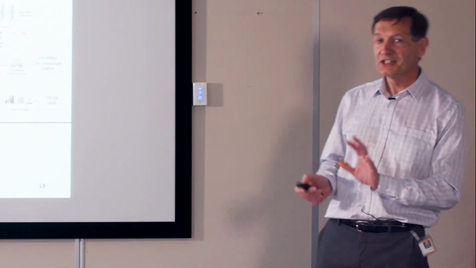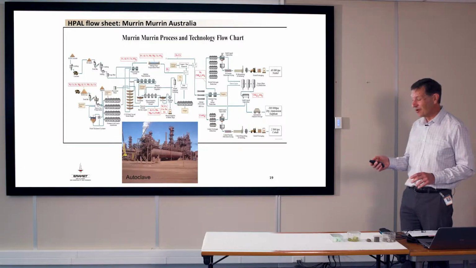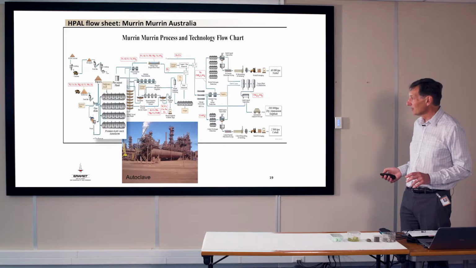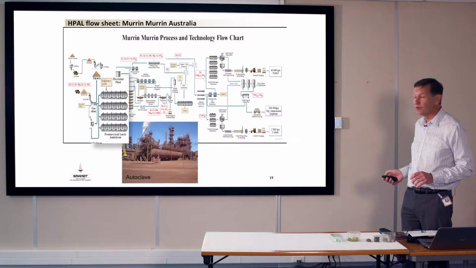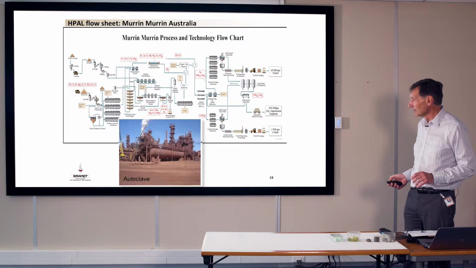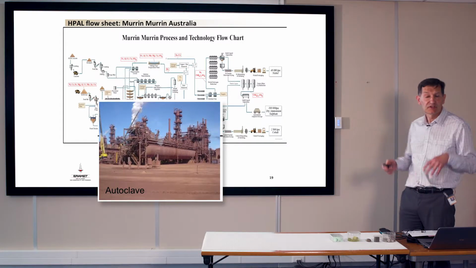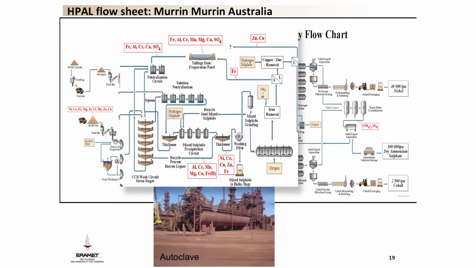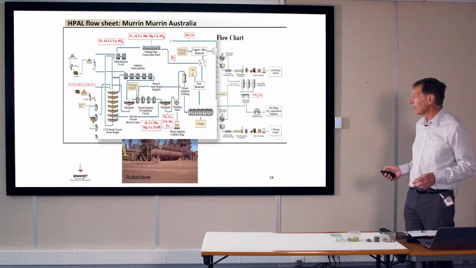It's rather complicated. It's the Murrin Murrin flow sheet in Australia. What you can see here is four autoclaves in series. That's a picture of the autoclaves. It's very huge equipment. You see here the CCD, the countercurrent decantation, to separate the residue, and you have a treatment of the residue, and you put the residue in a tailings dam, with separation of the liquid.